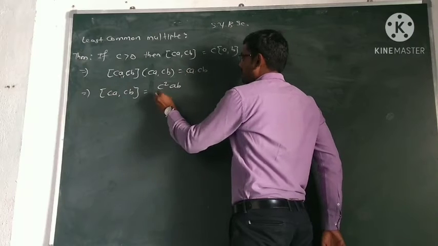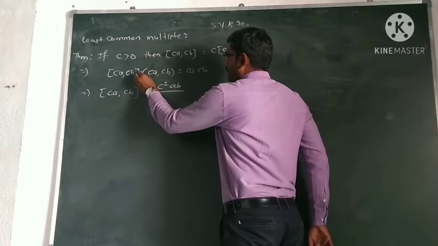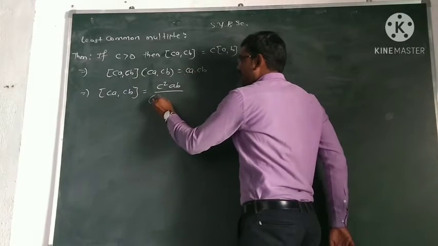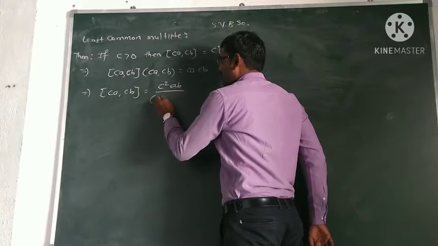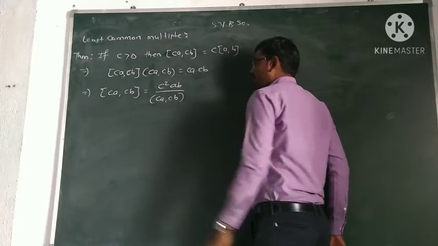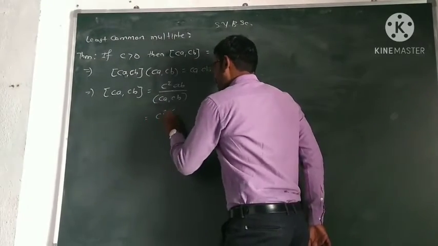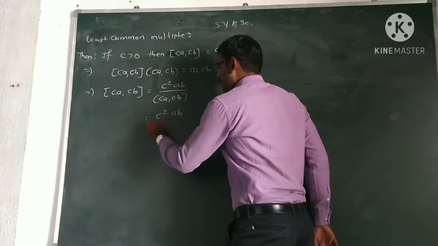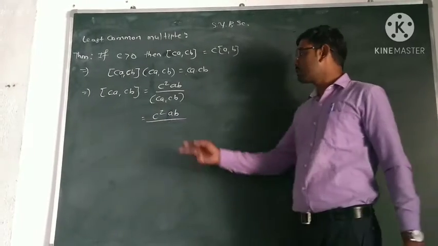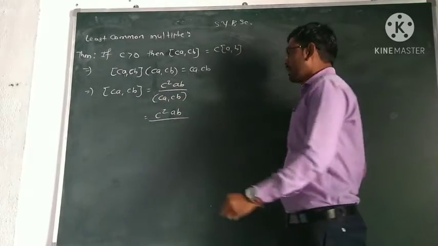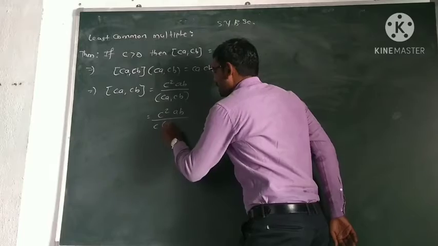Here the GCD is in multiplication, so when it goes to the right side, it becomes division. So GCD of CA and CB, where C is greater than 0, is in the denominator, and this is equal to C square AB. We know when C is positive, GCD of CA and CB is always equal to C into GCD of AB.